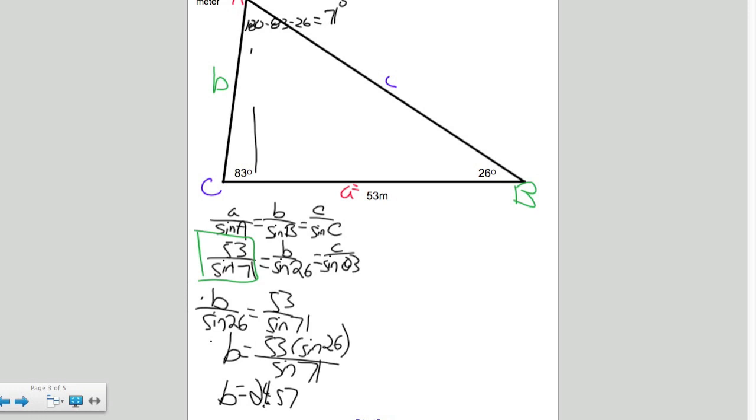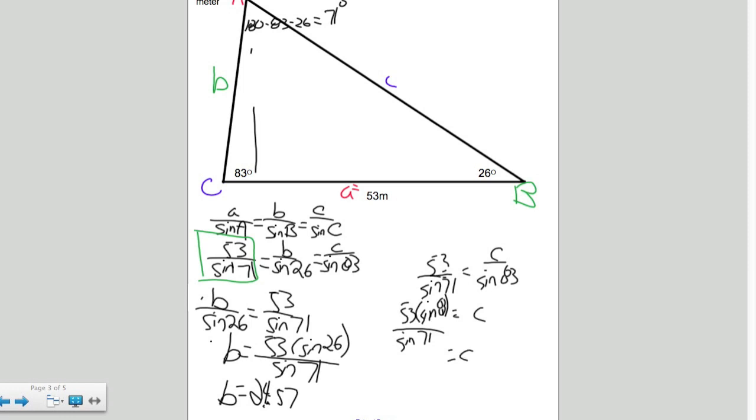And we do the same thing with C. So here 53 over sine of 71 is equal to C over sine of 83. So here I got C is equal to 53 times the sine of 83 all over sine of 71.